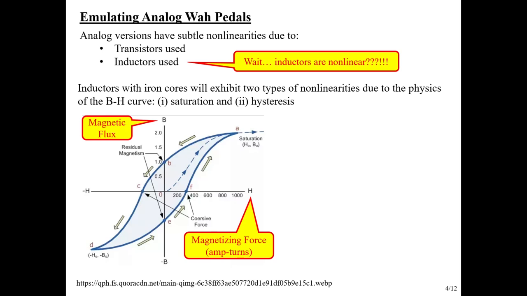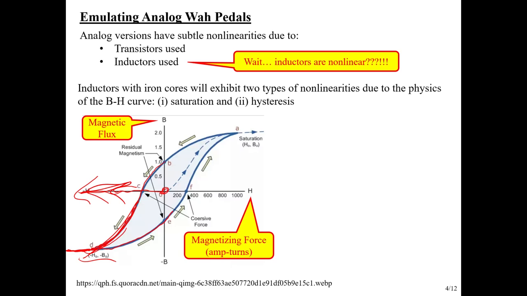So then as we continue to change our current, if we make it go negative, remember that's just going in the opposite direction, we continue to follow this curve, and eventually as it gets more negative, we will start to saturate in the other direction. This would just continue at this level if we went to even higher currents. Now we bring the current back, start reducing it in this direction, and head back to a current of zero. We don't go back on that same curve we came down, we go on some other curve.